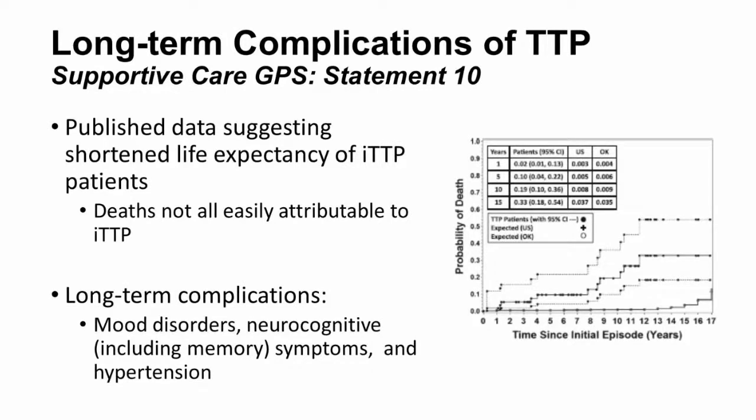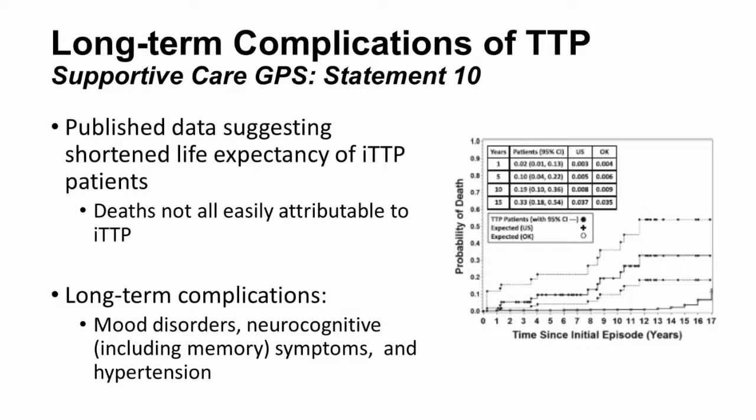So supportive care, good practice statement 10 deals with these long-term complications of TTP. And the data and the figure on the right are from the Oklahoma group, looking at the probability of death in patients with a prior history of TTP compared to Oklahoma and US norms.